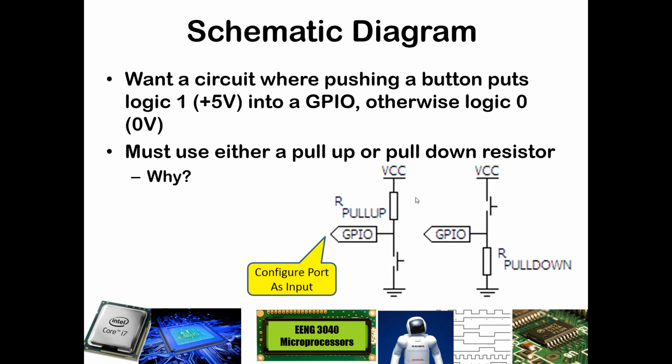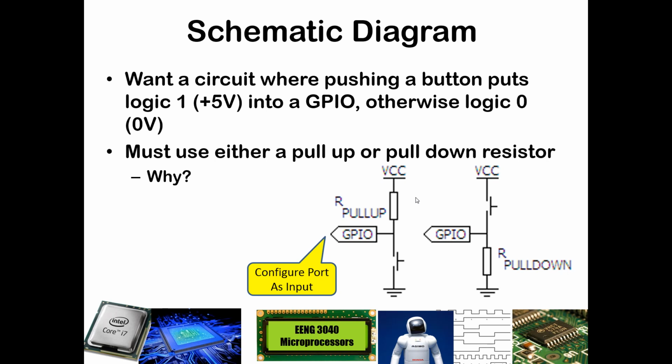VCC is our positive voltage, and then of course ground at the bottom. This is going to be a normally open switch. If you had a normally closed switch, you may connect this the opposite way and may in fact put the resistors in a different orientation. But for these examples, we will be discussing how to implement this with a normally open switch.